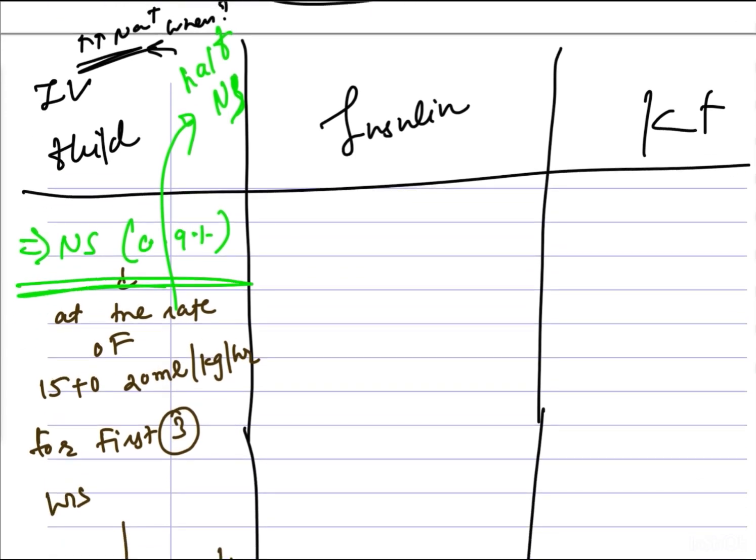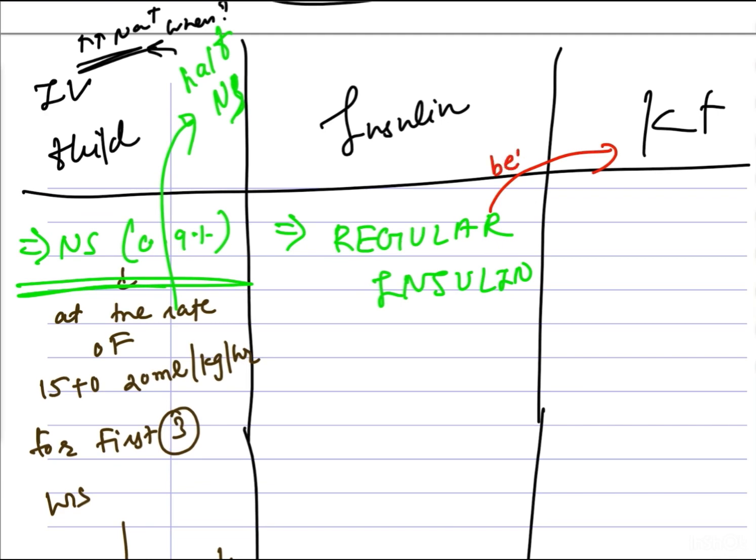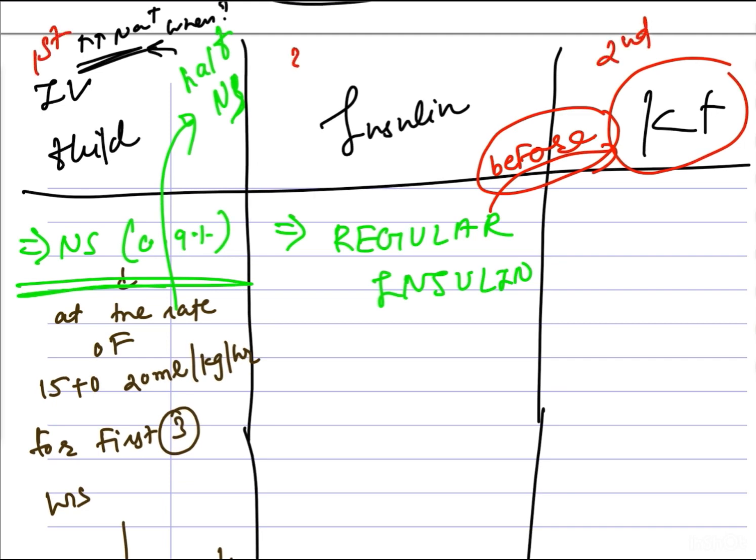Now what about the insulin? In the insulin, we will give regular insulin. But before insulin, what will we do? We will check the potassium level before insulin. So the first step is this, the second step is this, and insulin is our third step.